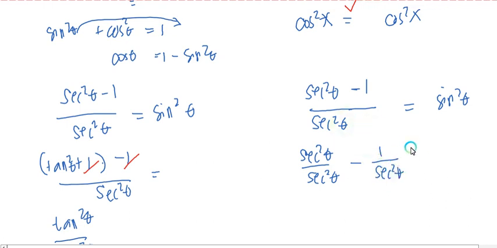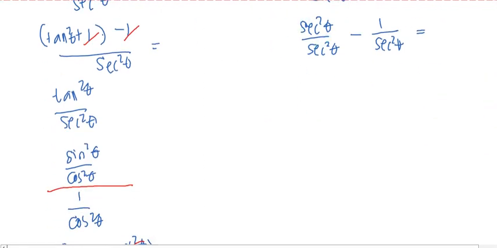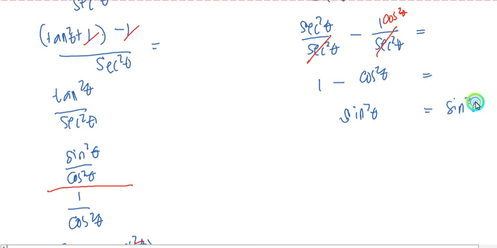I separated them into two since they have the same denominator. So we have secant squared over secant squared, which is equal to 1. Then 1 over secant squared is cosine squared theta. So that means this is 1 minus cosine squared theta. What is 1 minus cosine squared theta? Based on your trigonometric identities, this is sine squared theta. Which is equal to the right side of our identity.